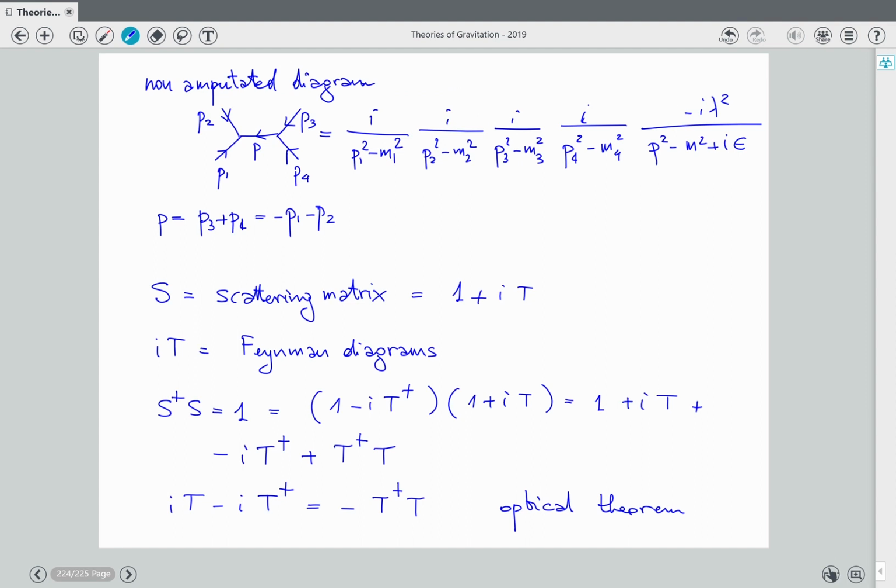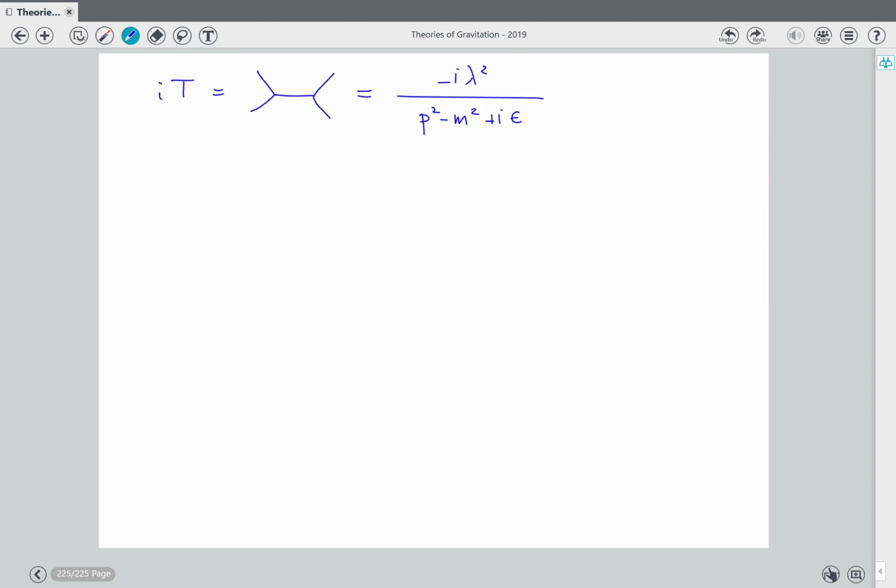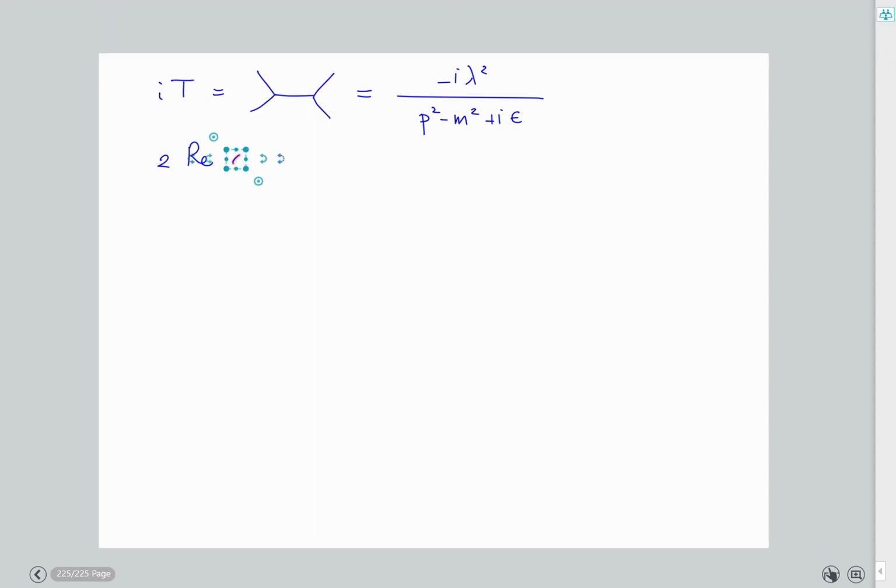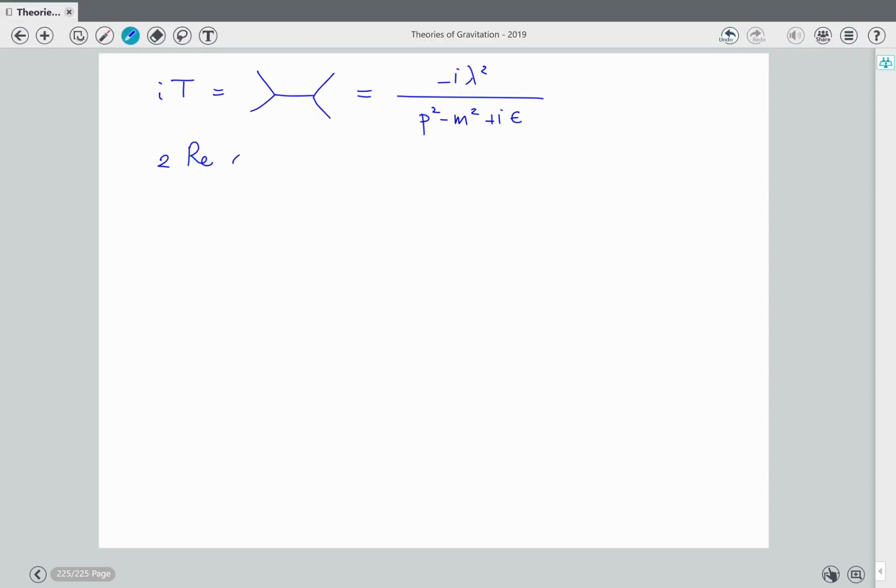Then the optical theorem tells us that IT minus IT dagger, that is twice the real part of IT, is negative definite. Whatever it is, on the right hand side, that's minus T dagger T. So we must have twice the real part of IT negative definite.